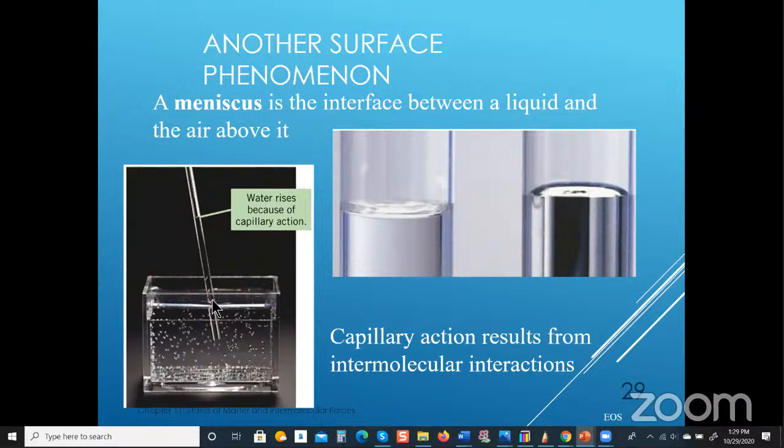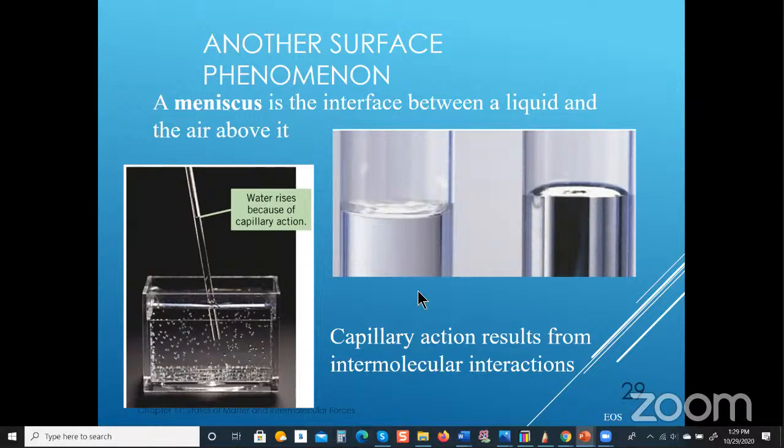And the reason why that happens again is because of the stronger adhesive forces compared to the cohesive forces, right? The greater attraction between the water and the glass surface results in the water molecules being pulled up into the capillary, and therefore that's what happens, all right?